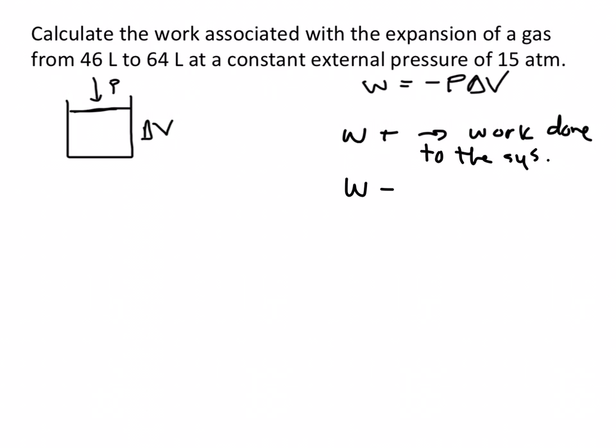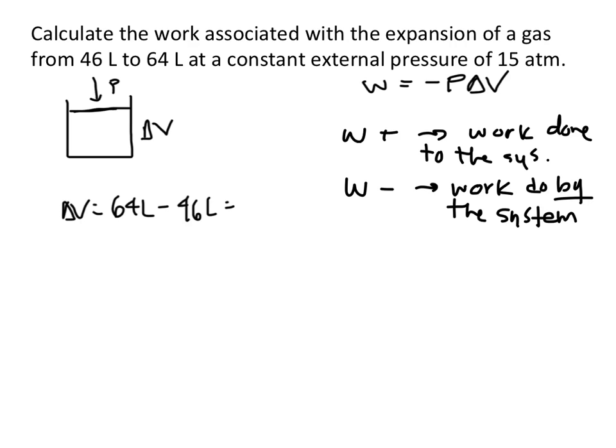And when W is negative, work is done by the system. The equation that we see here accounts for this need to have the appropriate signage, and we'll see this in the example calculation that we're about to do.